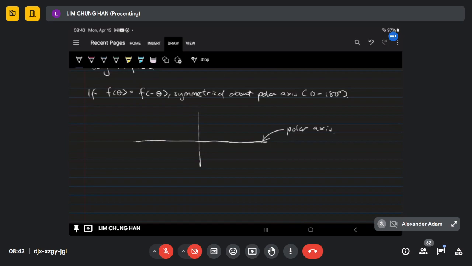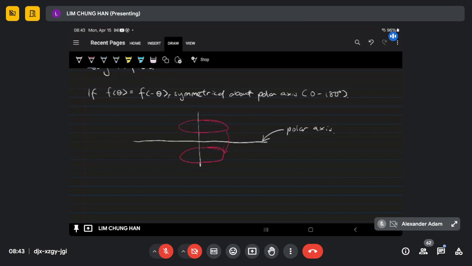What that means is, for that function, whatever is happening on one side of the polar axis, it's symmetrical about the other side as well. Okay, so you get the same shape, top and bottom.